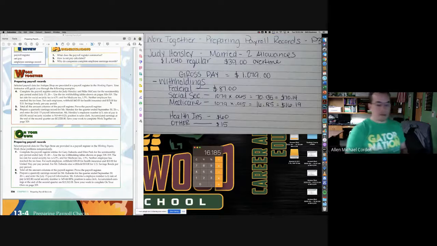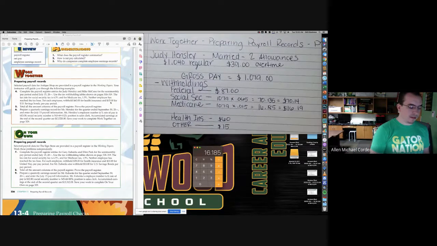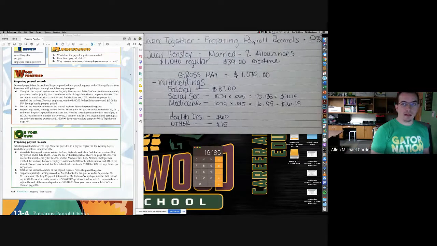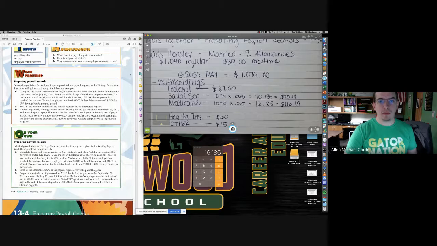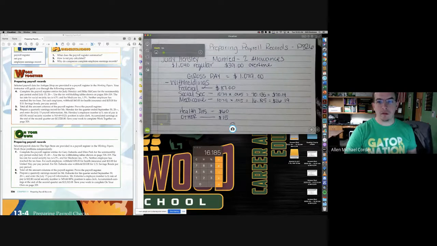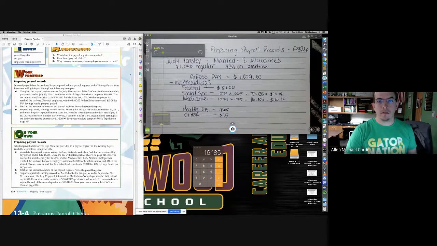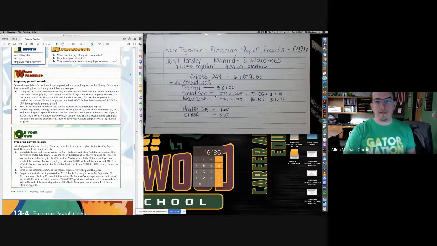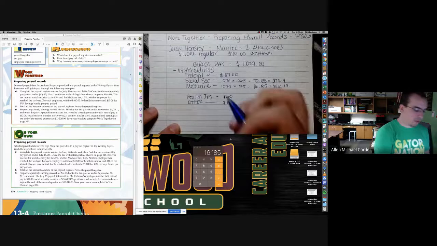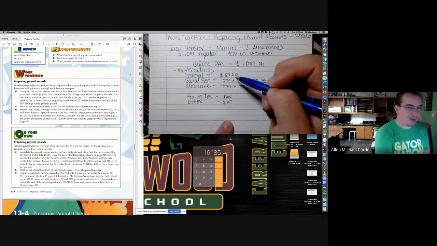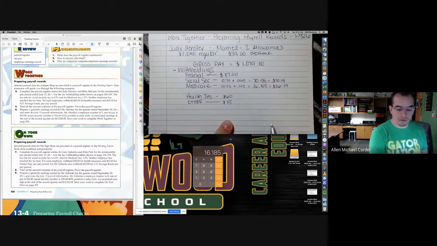Now, you could take this and figure out the net pay at this point, which is what we're fixing to do. Let me zoom this back out so we've got room to write. The book has you add the withholdings together, which is fine.